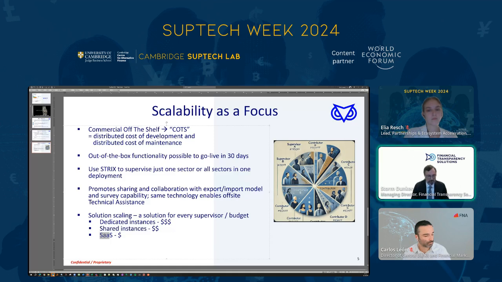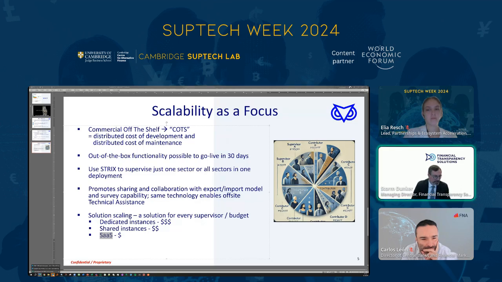And then we have a model for SaaS, software as a service, but sometimes I call it Strix as a service, where in cases where economy is of mind, we can receive a list of entities obfuscated, such as just their license codes, and upload that list into our product and send out all of the surveys, get all of the data back, run the risk assessment, print the dashboards, and provide a deliverable package that is as a service.